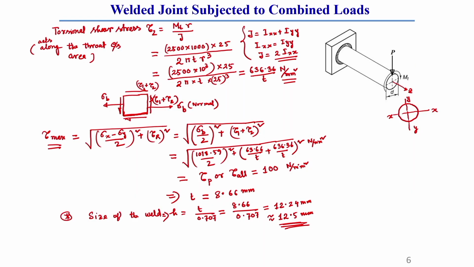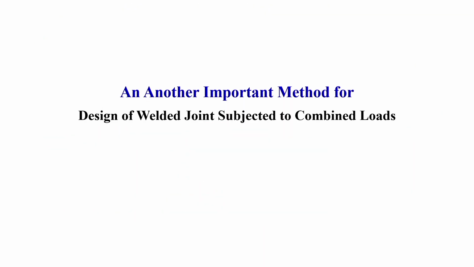Okay. Now, we will discuss a very important method which has wide application in the field of welding related structural design. I am now going to discuss that method in detail. It will be required for finding out the design dimension of a welded structure, as well as, if you have done some welding in a particular structure, to check whether that welding is sufficient or not.